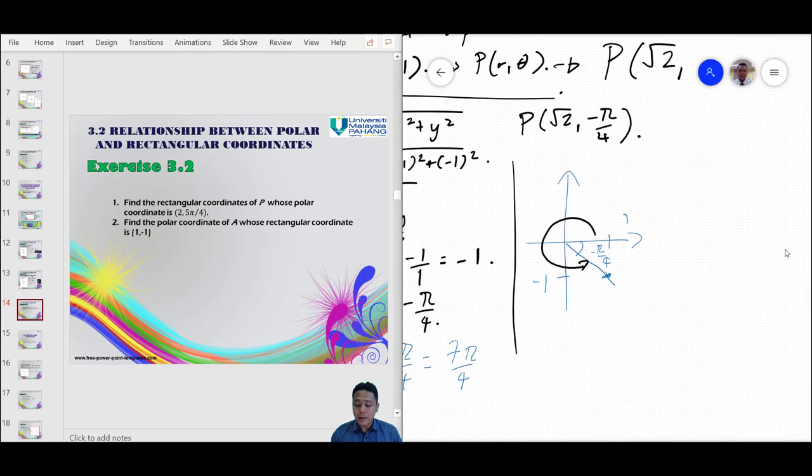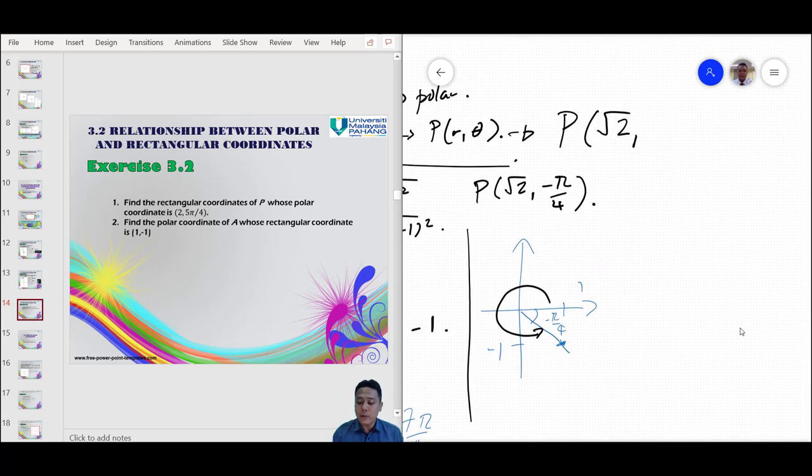If you want to change it into a positive one, it will be square root 2, 7 pi over 4. This one is 7 pi over 4 in the counterclockwise, but in the clockwise or negative angle, it will be negative pi over 4. This happens again because polar coordinate is not unique.